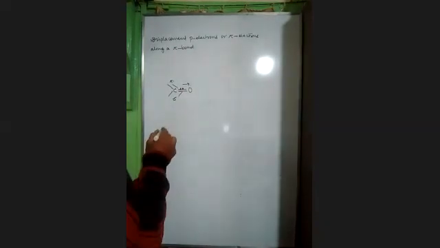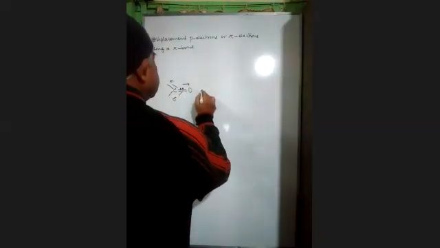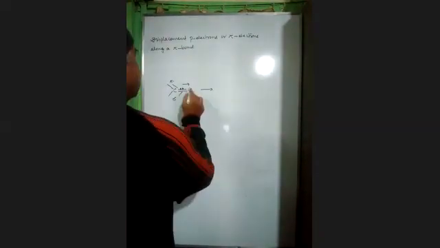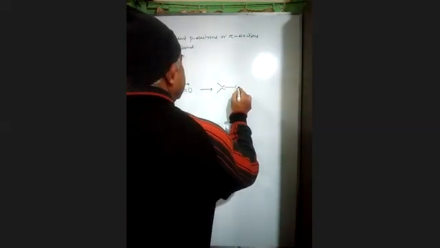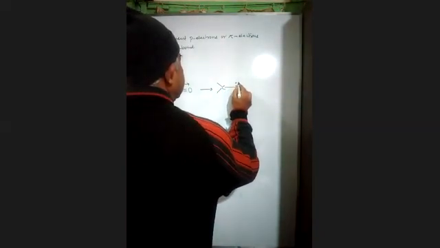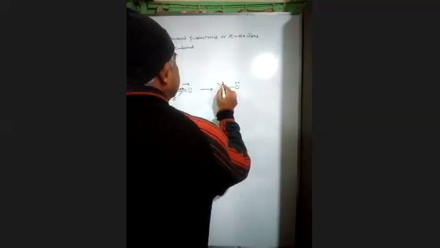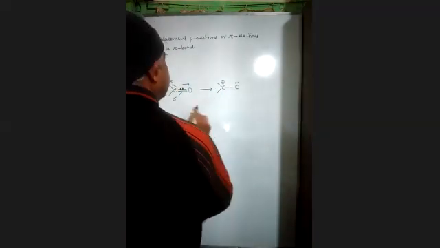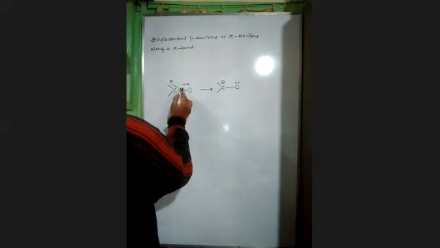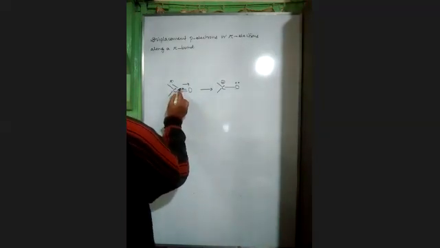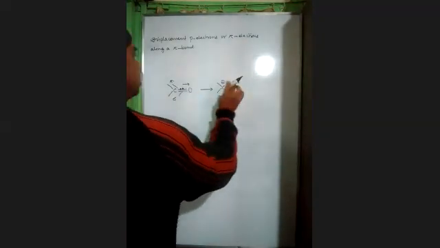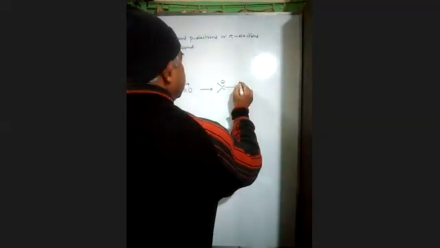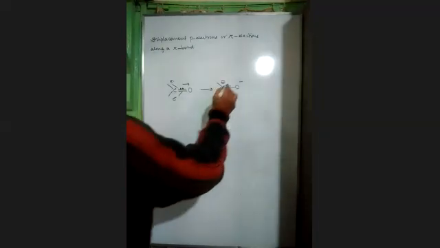Okay, so what is going to happen now? You will find both the electrons will go here, and this will become electron deficient. As the electron has migrated, see this electron belongs to oxygen and this electron belongs to carbon. As it has migrated, in that case I have to put one negative charge.